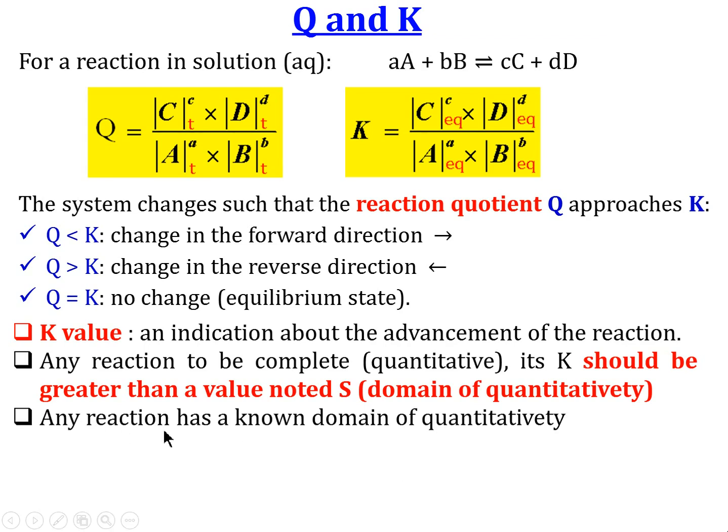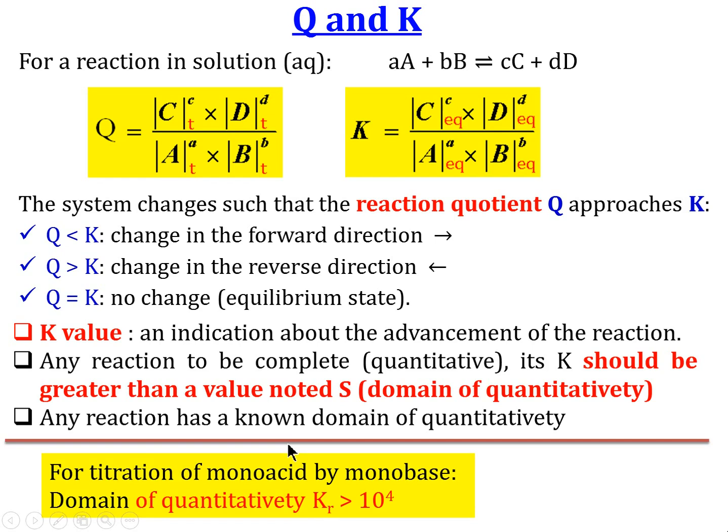Any reaction has a known domain of quantitativity, so any reaction has a known value of S. I return to the famous example of titration of monoacid and monobase. First of all, in college, when you write the reaction between the monoacid and the monobase, you write this reaction as an incomplete reaction.